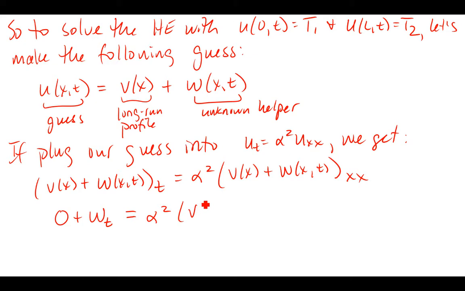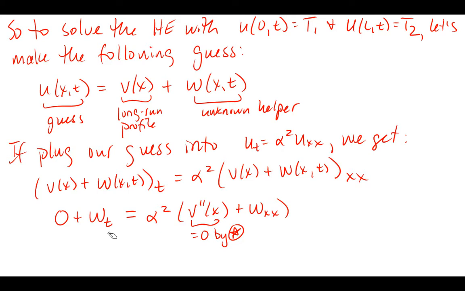Because V is a function of just x, I'll write V double prime, a regular second derivative. The W I'll leave in our traditional notation, the xx derivative of our mystery function W. But the V double prime term is 0 by the star comment from a slide or two ago, which means that's going to drop out as well.